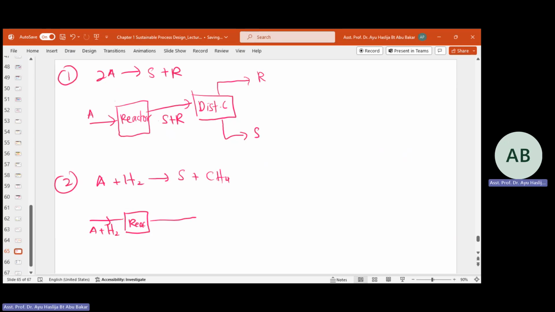Your products over here are S and CH4. Then a two-phase separator.